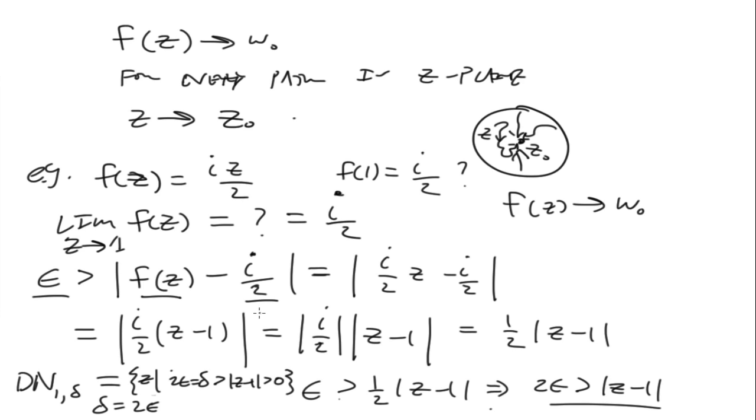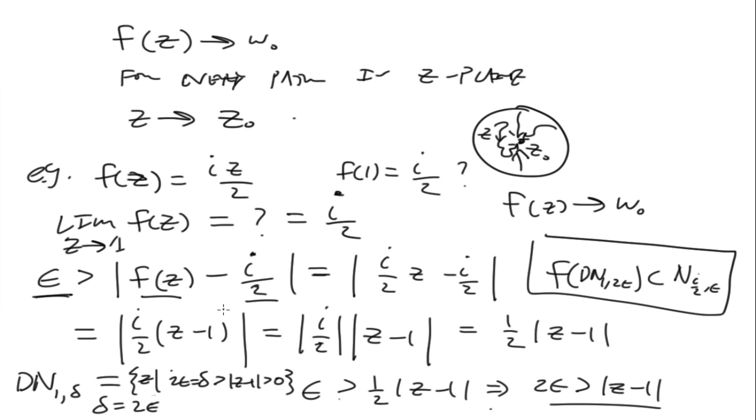So for any arbitrary error tolerance, I can guarantee that error tolerance by setting delta equal to 2 epsilon. And this makes it so that the image of the deleted neighborhood of 1 with radius 2 epsilon is always going to be inside the neighborhood of i over 2 with radius epsilon.